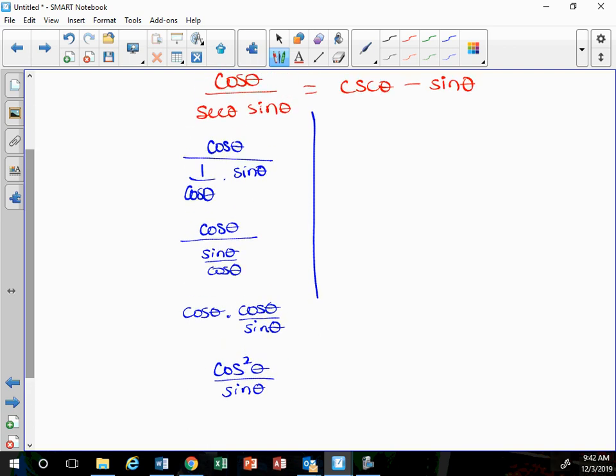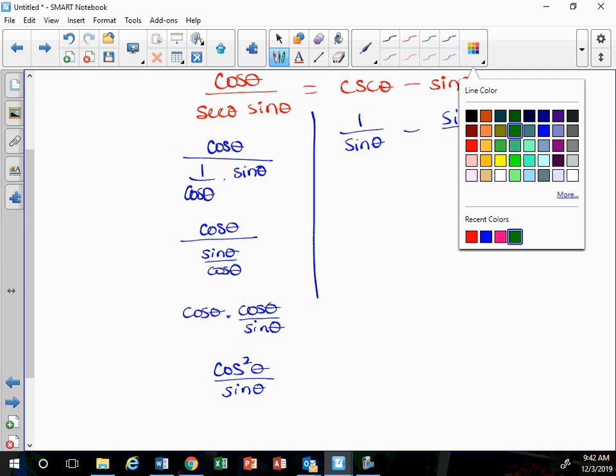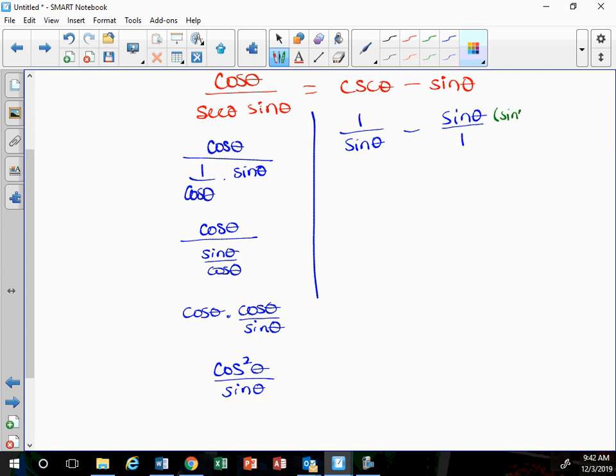Does the left side make sense to you? Okay. Cosecant is 1 over sine minus sine. If I want to make that a fraction, I put it over 1. How do I subtract fractions? What do they have to have? Common denominator. So don't I need a sine over a sine here? You don't have to show me how to find a common denominator. You can just go to the next step.